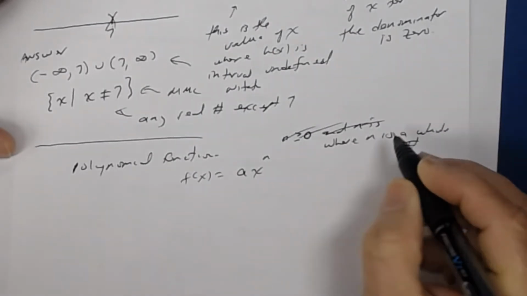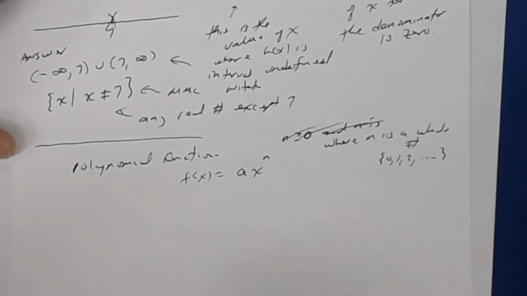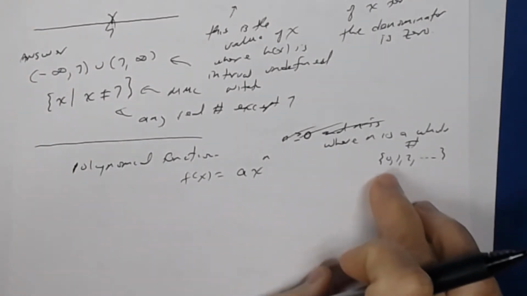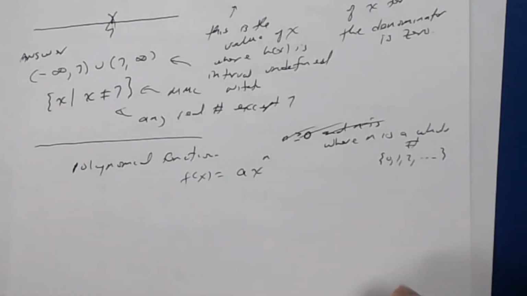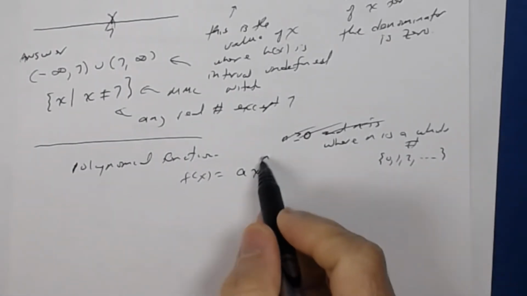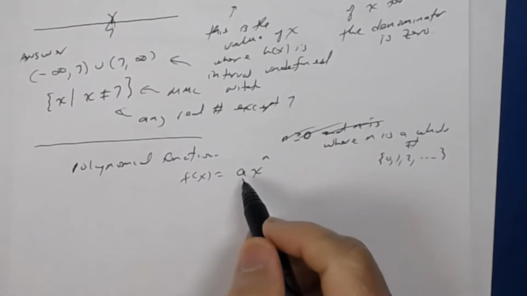And so remember, your whole numbers are 0, 1, 2, and so on. Okay? All right, no decimals. No fractions, just whole numbers, 0, 1, 2, and so on. So it has that form. All right, so your exponent has to be a whole number, and your coefficient can be any real number.